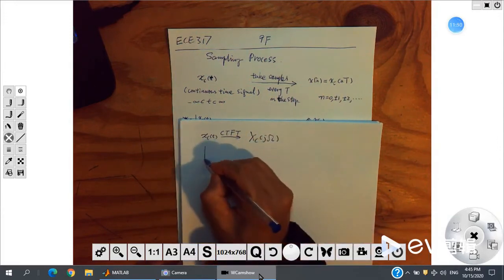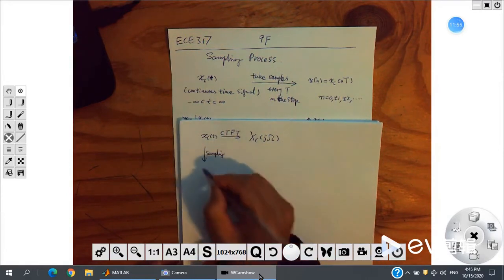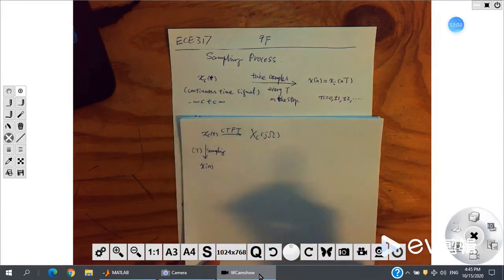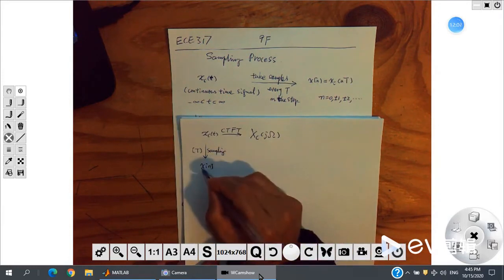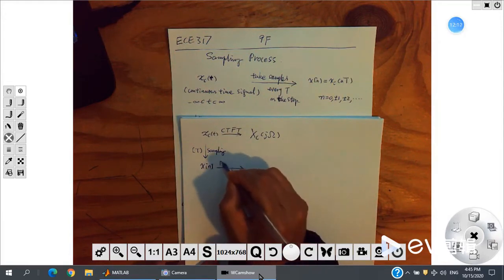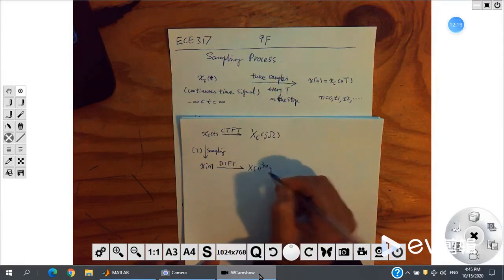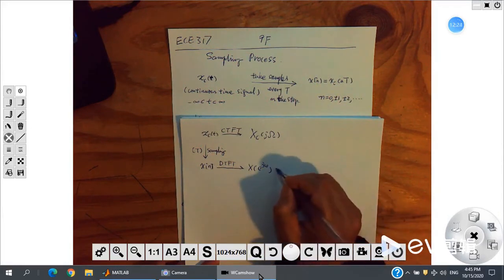And we take samples. By the sampling process, we have x of n, where capital T is the sample step. Every capital T you take a sample. Then we perform the DTFT on x of n, and we will have capital X of e to the j omega. These two are related. How are they related? We have this.